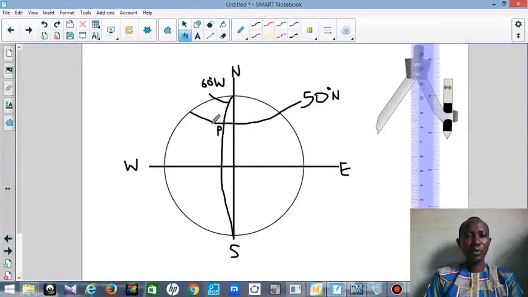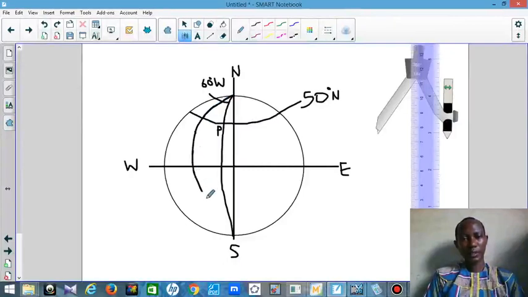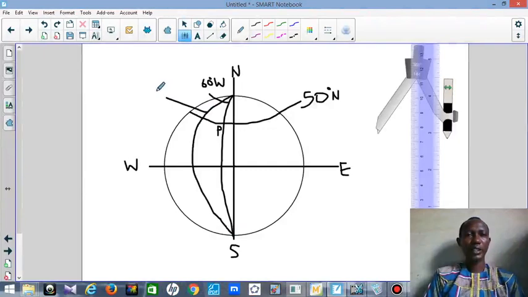Then the plane flew to point Q, due west. So it keeps going down to the west, somewhere here. Draw another one like this, then you can label it also. You don't know the longitude, so let's give it a symbol.